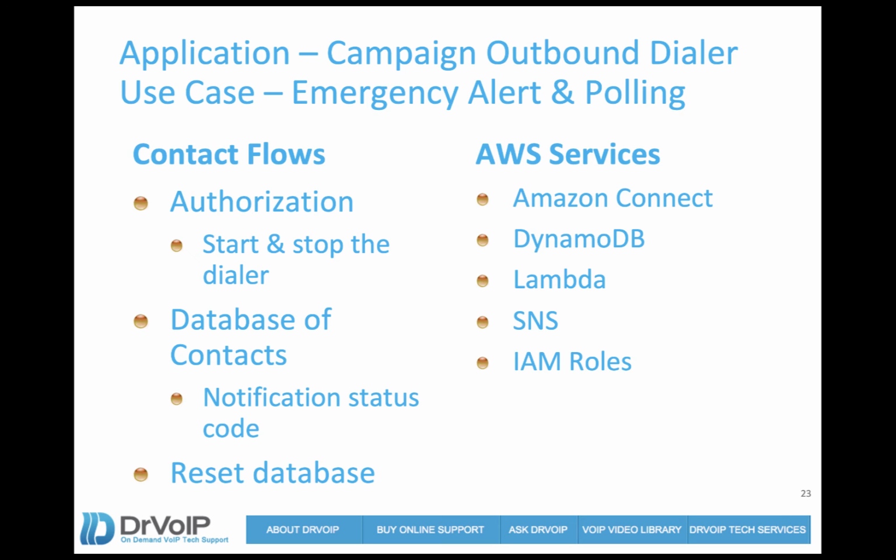So obviously, Amazon Connect is the engine that we use to support the dialer. We'll be using DynamoDB databases, Lambda functions, simple notification, and various IAM roles.